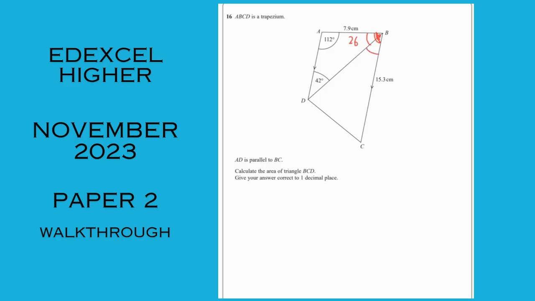But if you do 68 minus the 26, it means we get 42 there. Now, if you want the area of BCD, that's this secondary triangle here, you've got an angle, you've got 15.3.